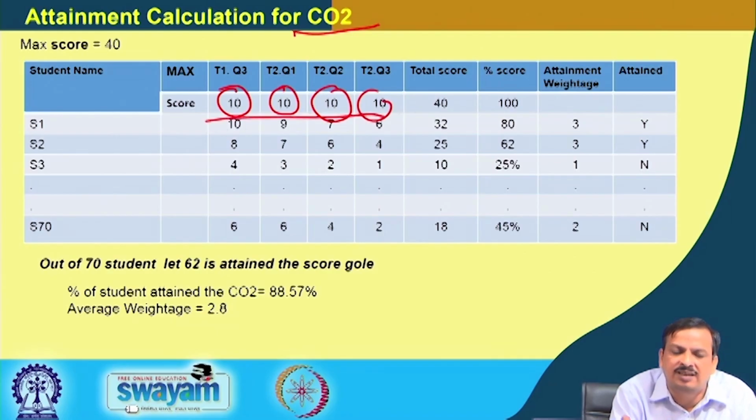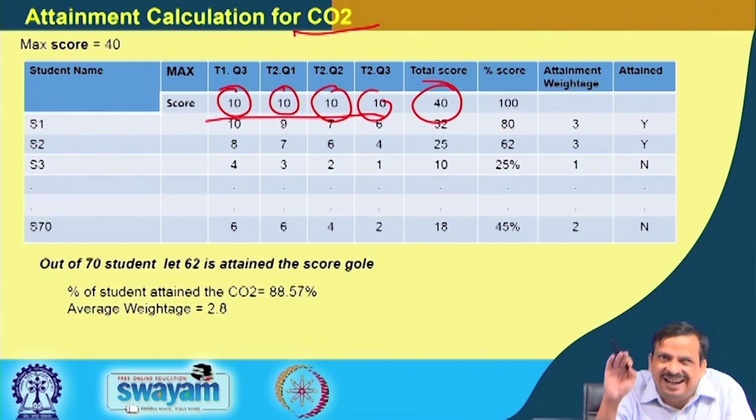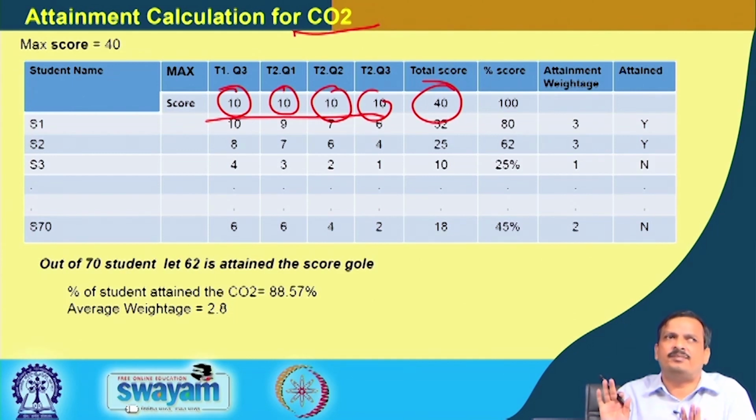So, total marks is 40. I said if a student scores 50% marks, then the student has fully attained, let us say. Okay? So, for CO2, the max score is 40.